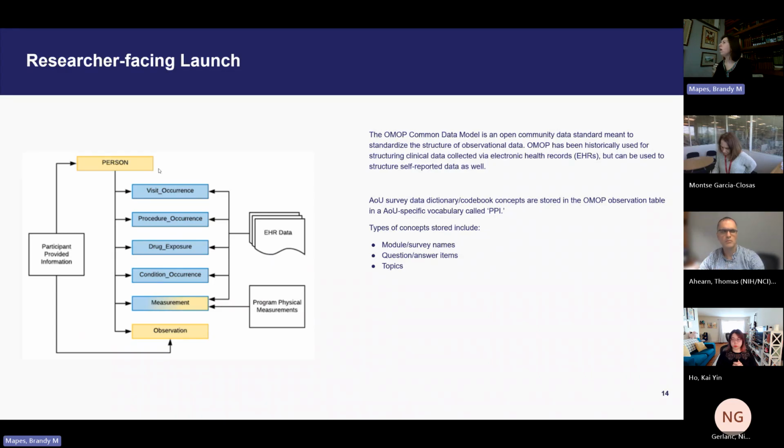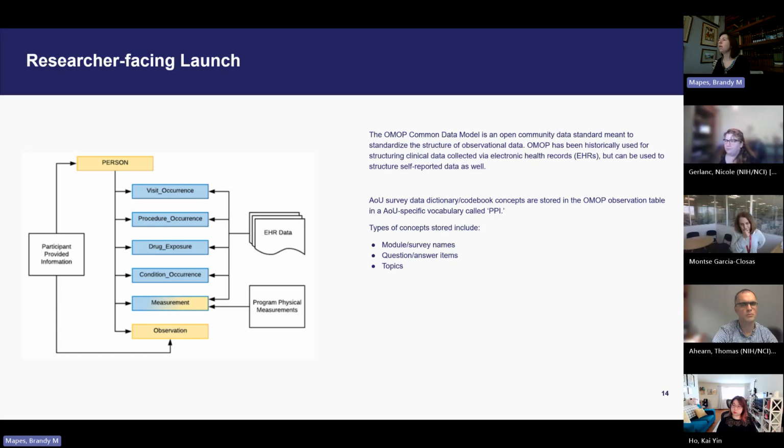So once we have our concepts in OMOP, in that vocabulary, the way that works is that vocabulary is stored in the observation table. I will say that's for surveys. Another set of concepts we store within the All of Us unique PPI vocabulary are physical measurement concepts. We do a clinic visit with participants to collect things like height and weight, BMI.